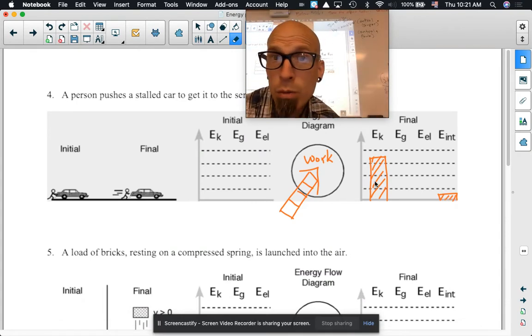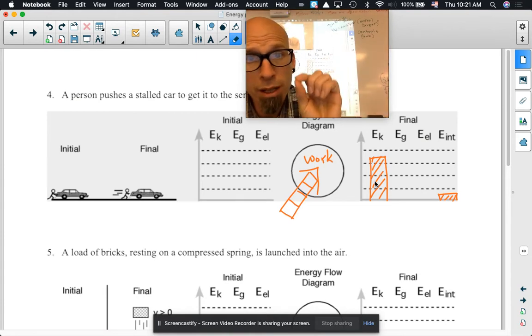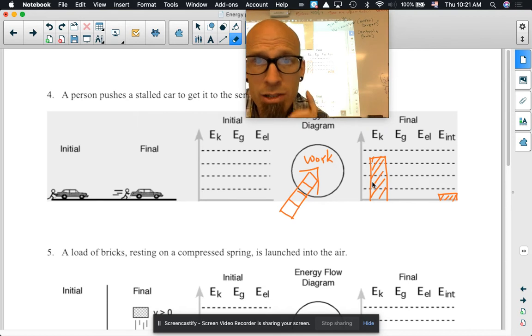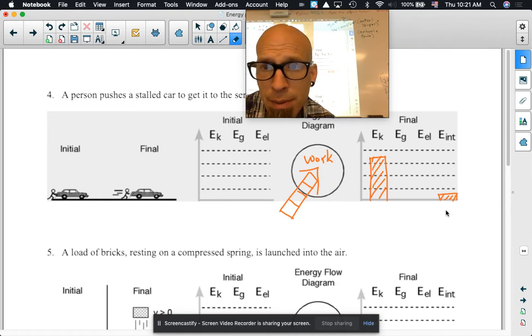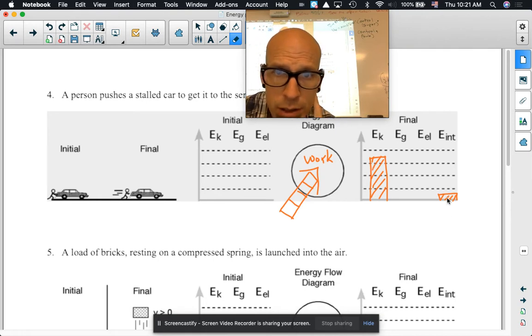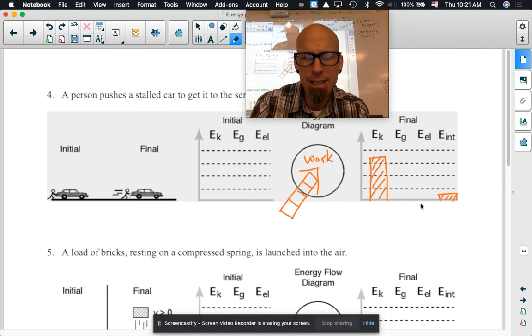Half a block, a full block. I don't care necessarily how much, but I would say it'd be a little bit compared to how much kinetic energy the car has. Most of the work has produced kinetic energy, in my opinion, and then maybe some of it is lost to this thing we call internal energy, or the energy in the particles of the system itself. I hope that makes sense.